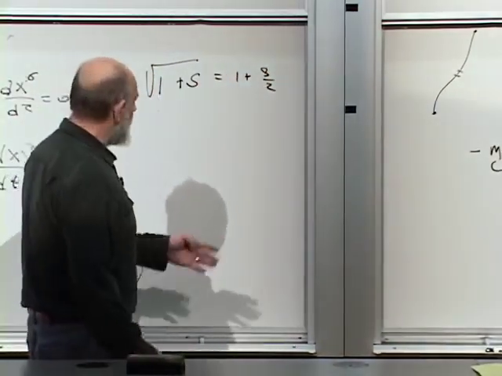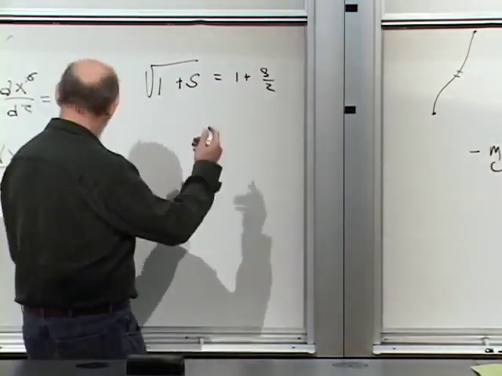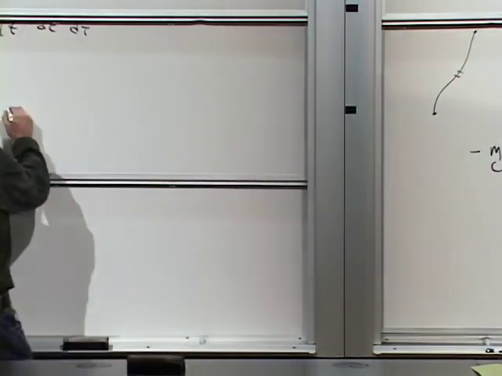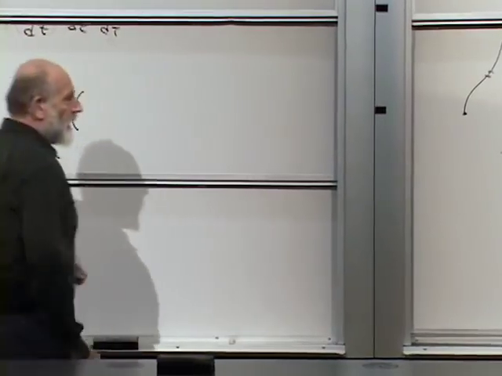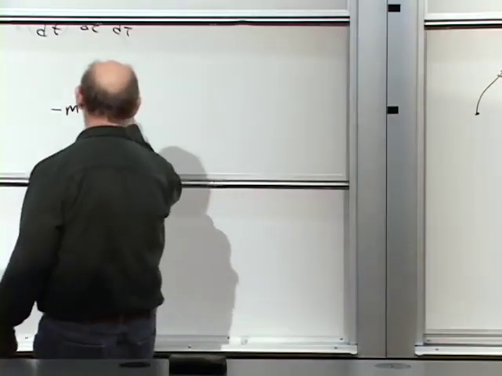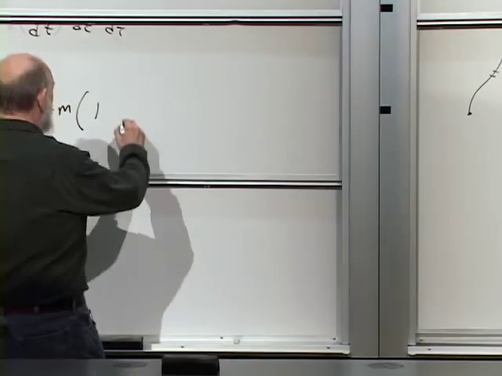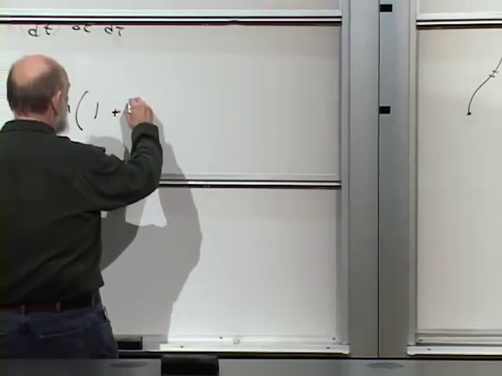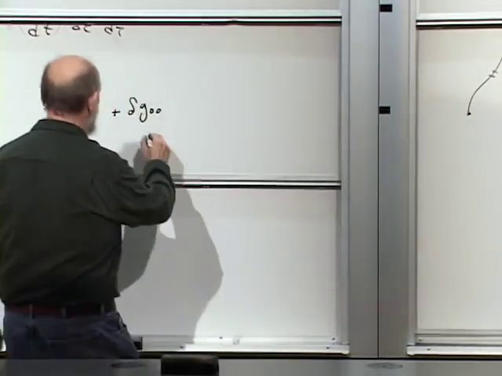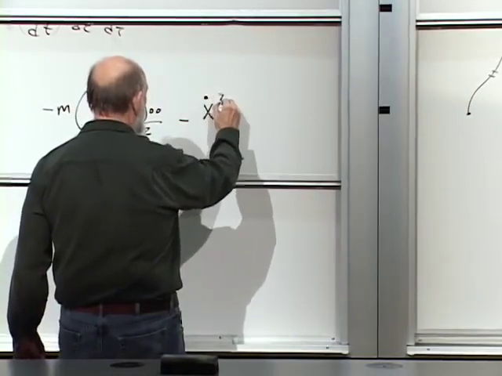Okay, so let's work it out. I'm making a mess of this blackboard, but let's keep going. First of all, we get minus m times 1 plus s over 2. Let's start with 1. And now plus s over 2. So what's s over 2? Plus delta g naught naught over 2, minus, let's just call it x dot squared over 2.